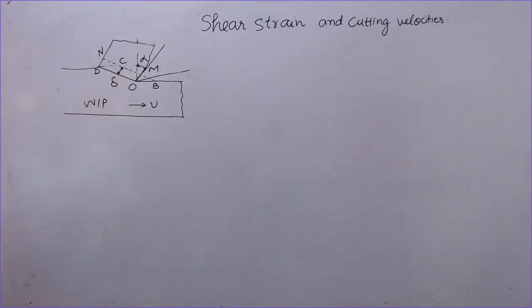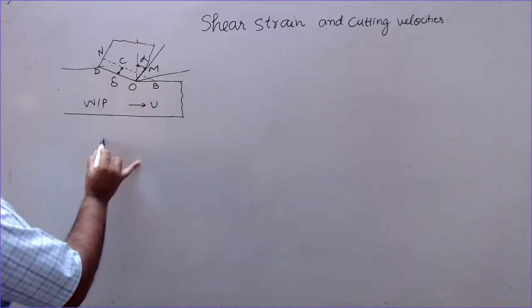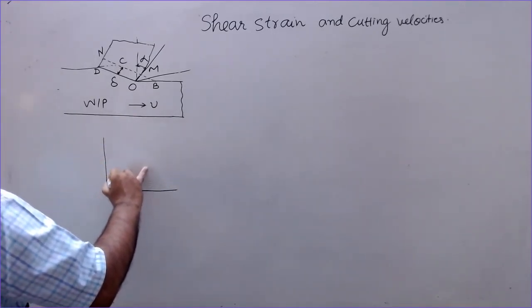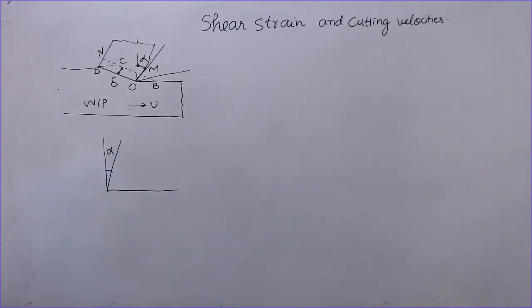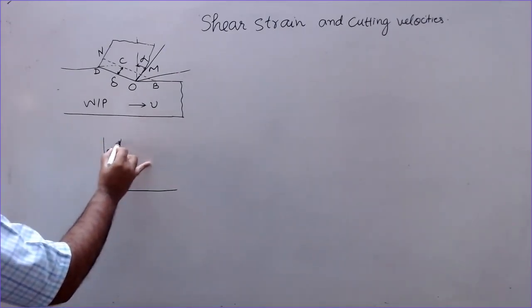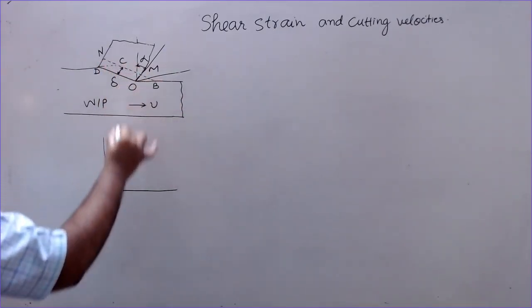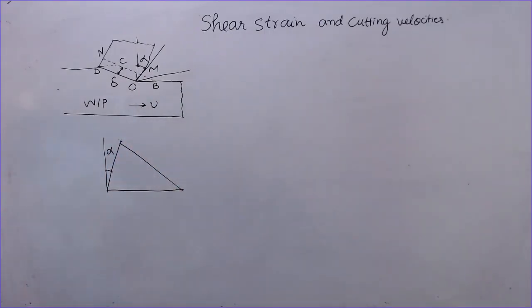So if I make an enlarged diagram of this portion, this is the vertical line, this is the rake surface of the tool, this angle is alpha, and this point is here, you can say M, and if I draw a line parallel to this NB, this line is parallel to NB.